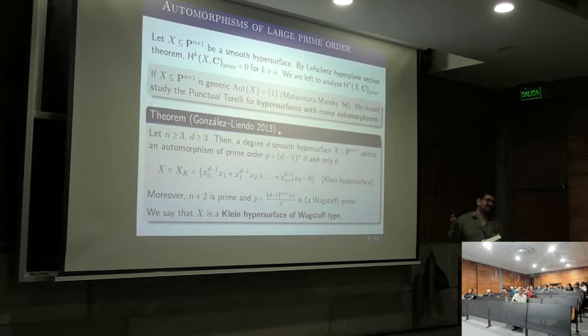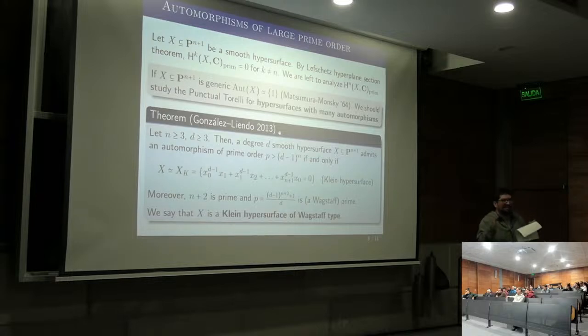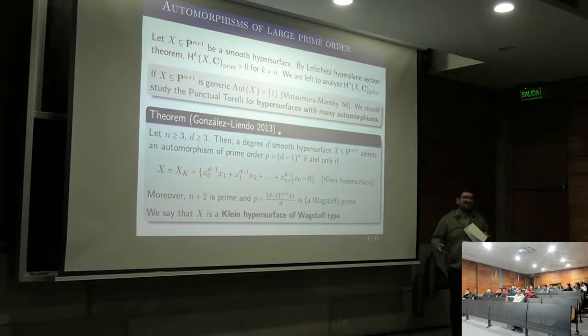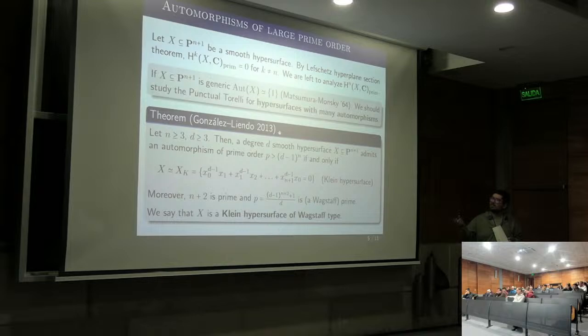I should mention, because it's very interesting, that there was a folklore conjecture saying that the most symmetric hypersurface is the Fermat hypersurface, with few exceptions, right? And there are two recent works about that. They were posted on the arXiv, so they still have to be checked, of course. But there are two independent works concerning this problem of which is the hypersurface with the largest automorphism group.